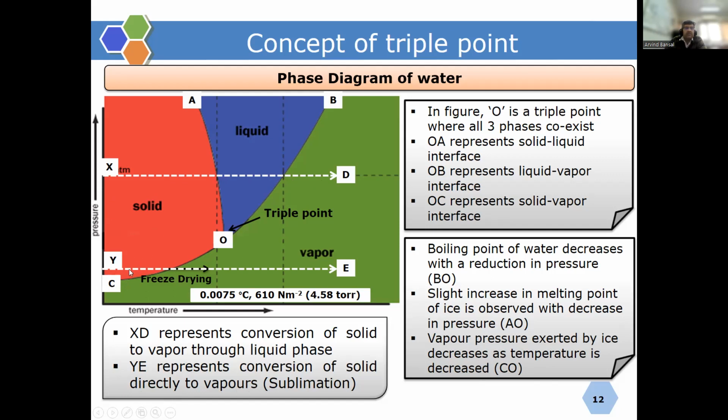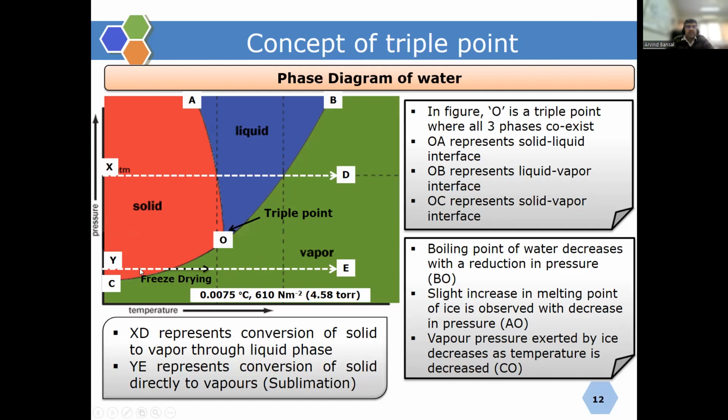So from here, the solid ice is directly converting into the vapors of water. This is the phenomenon of sublimation, and in lyophilization we exploit this conversion of solid ice directly to the vapor phase to achieve drying of the product by sublimation.